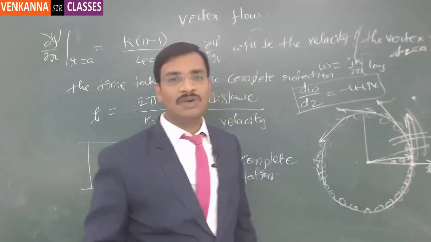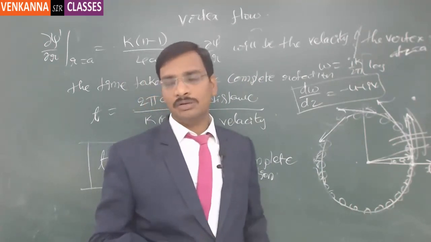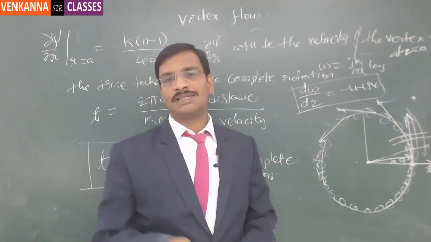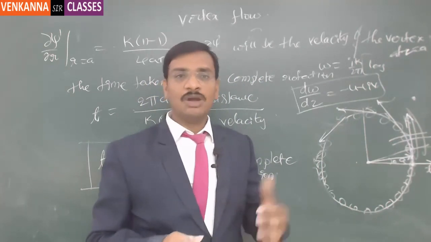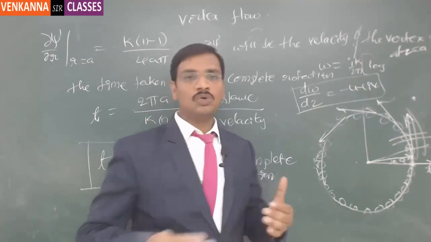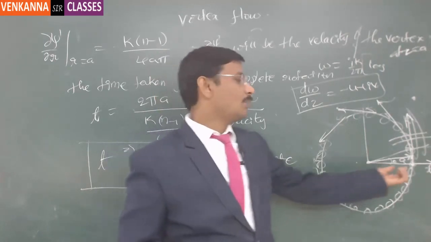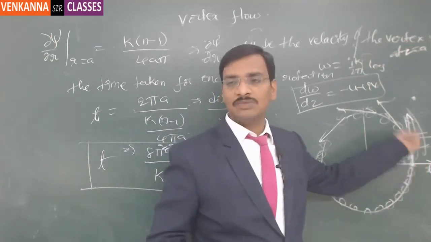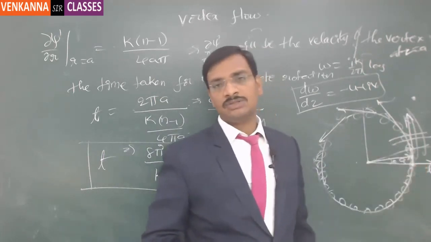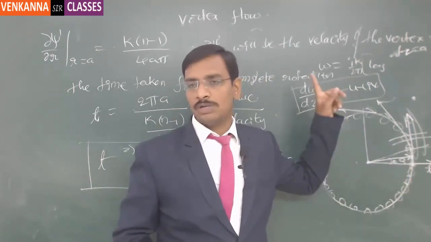The fluid particle is protected by its own vortex, but it is influenced by all other vortices. So if the vortex moves, the complex potential to be considered is because of all other vortices except that one. That's why we subtracted the complex potential of this particular part from the total complex potential.